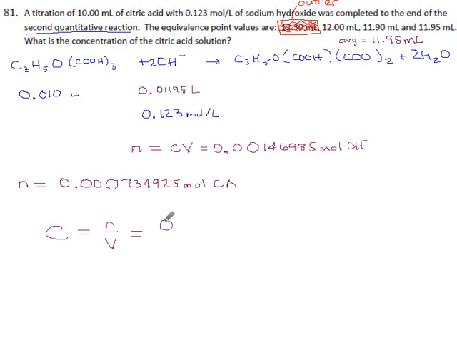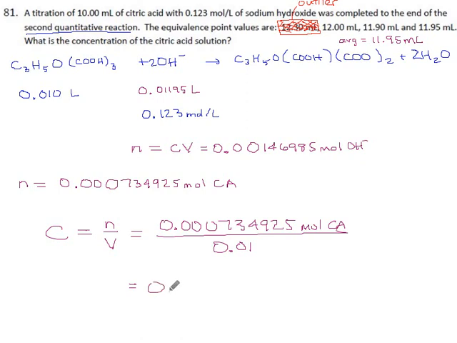So it's that big number, moles of citric acid, divided by, and our volume is 0.01. So that gives us 0.0734925 moles per liter.